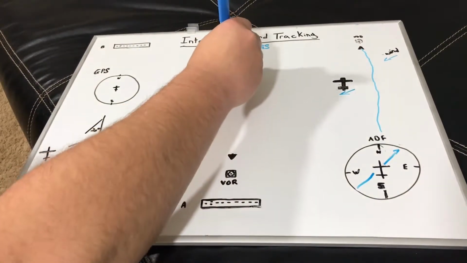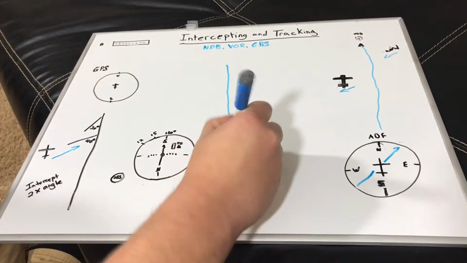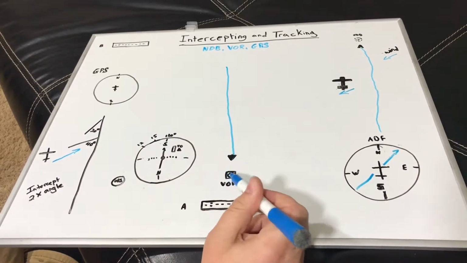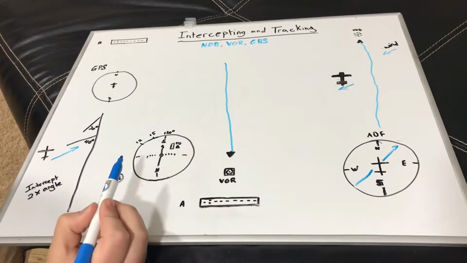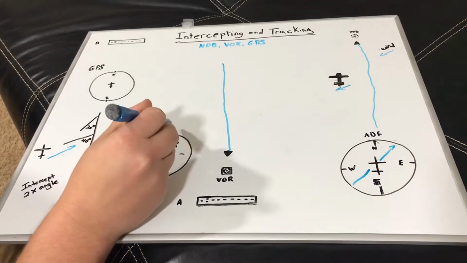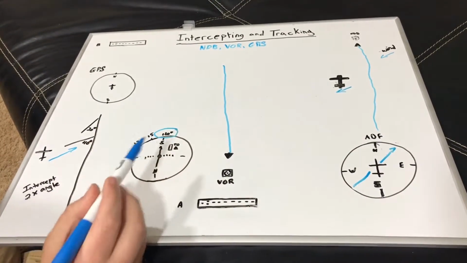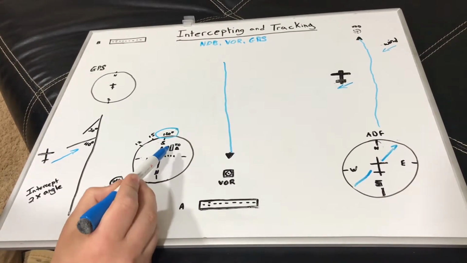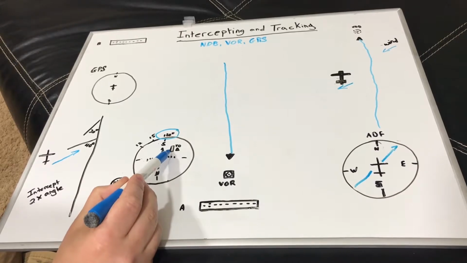So if we're tracking this course to our VOR down here at 180 degrees, so directly south, we're going to select that in our OBS using the knob over here. We're going to spin it so that it indicates our 180 here. And if you notice, if we're directly tracking, we don't have any warning flag here.